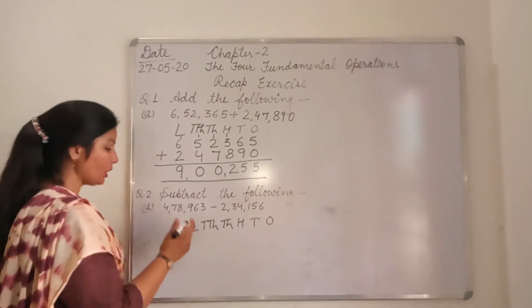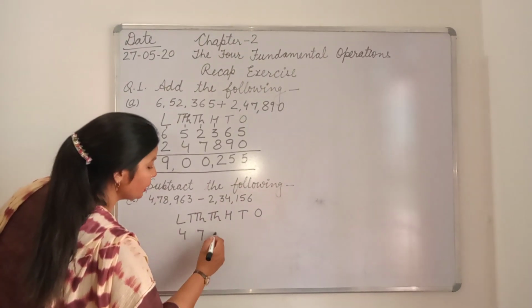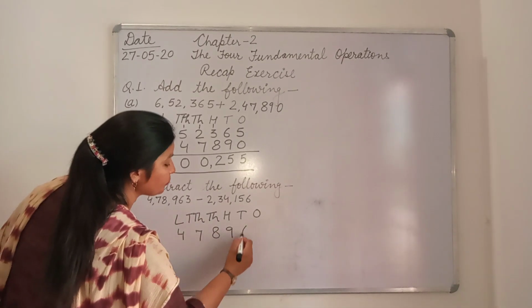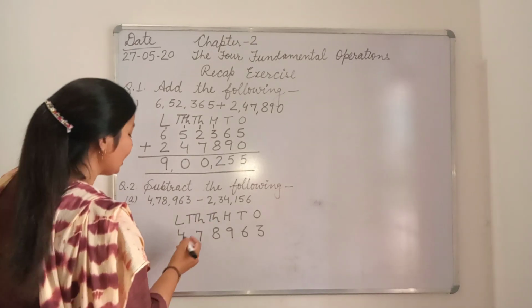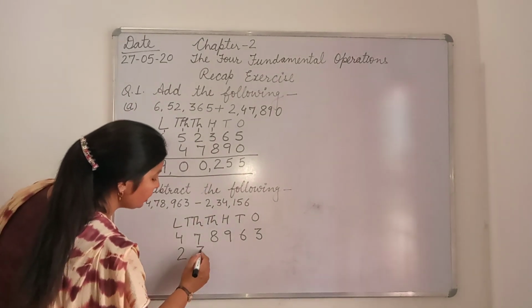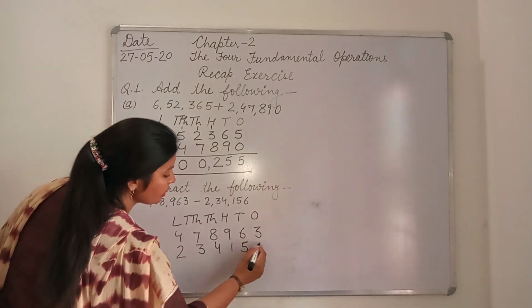The first number is 4,78,963. The second number is 2,34,156.